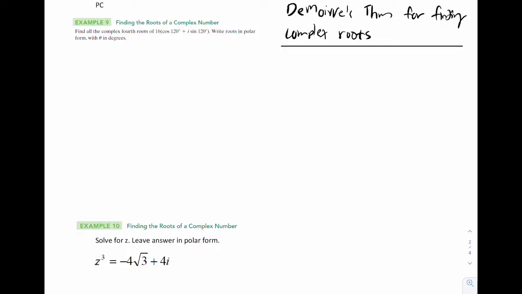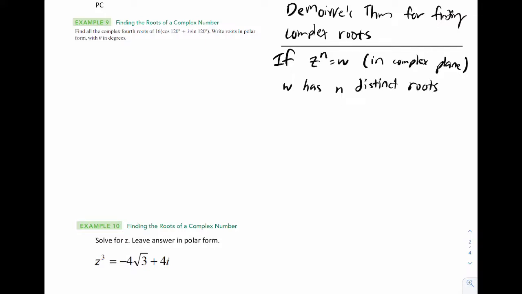There's a couple of things we have to note first. This is part of the theorem: if z to the n is equal to w, and this is assuming we're in the complex plane, that would mean w has n distinct roots. That's going to be our first understanding.